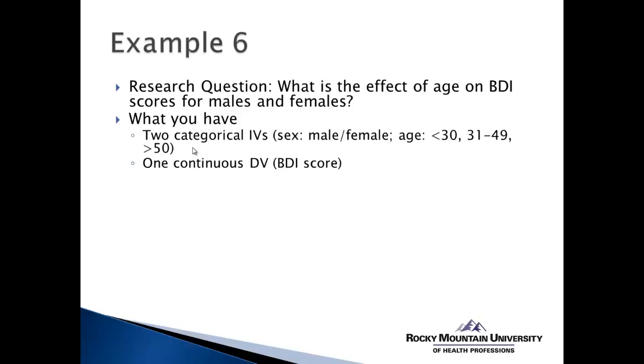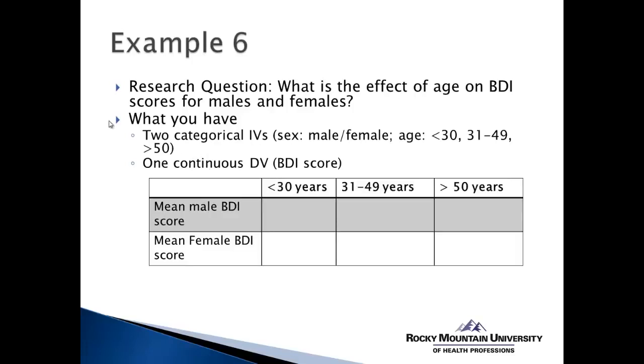To graph this out, one independent variable, age, is our columns. Our other independent variable denotes two of the rows, a male row and a female row. And here's our dependent variable, BDI score.